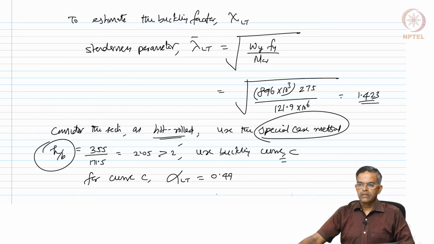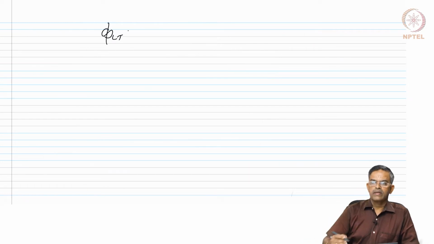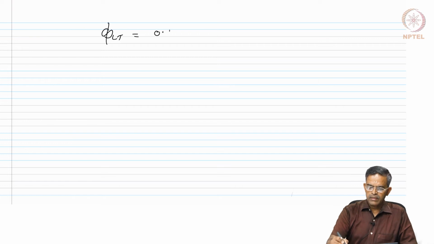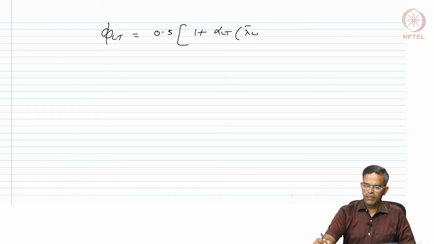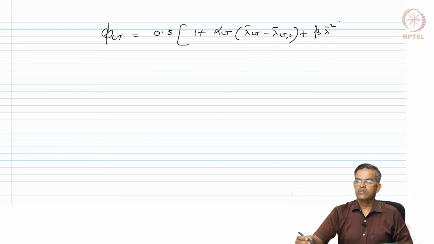Then we can compute phi LT, which is given by 0.5 times of 1 plus alpha LT times of lambda bar LT minus lambda bar LT 0 plus beta lambda bar square of LT.